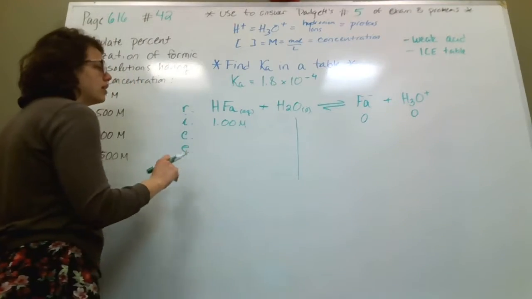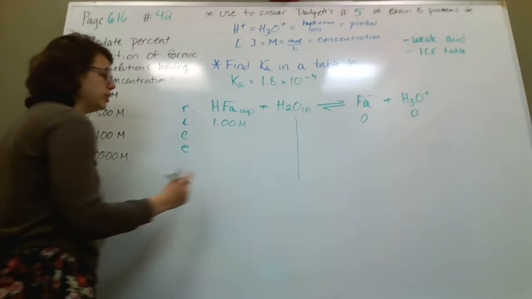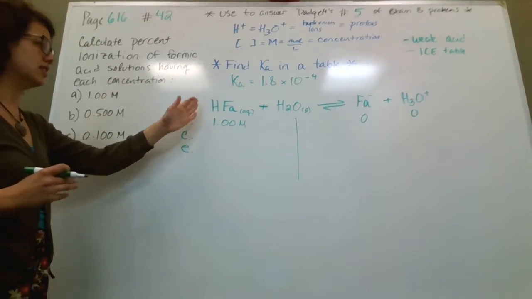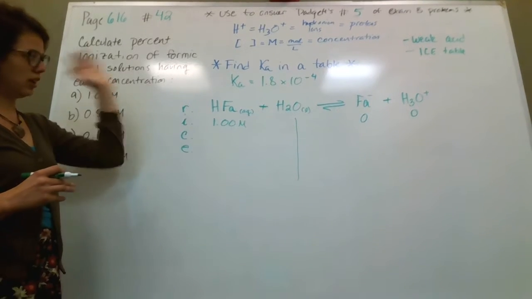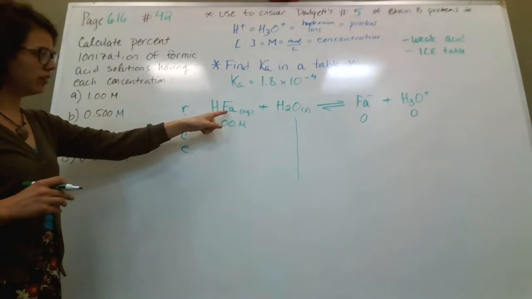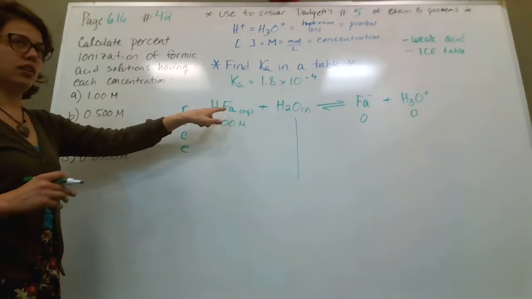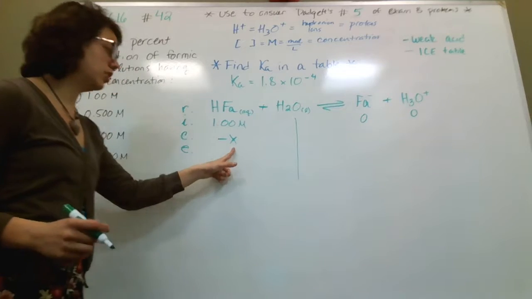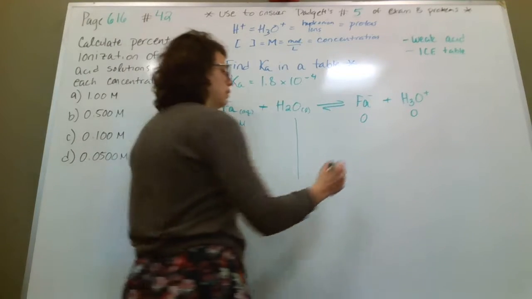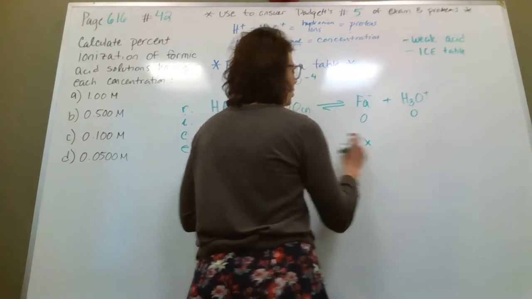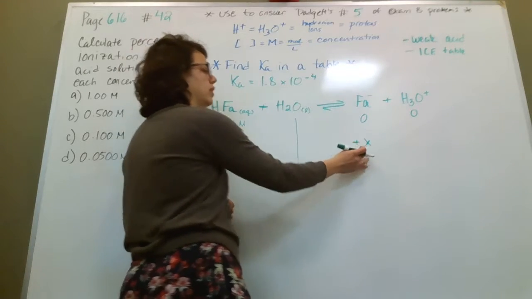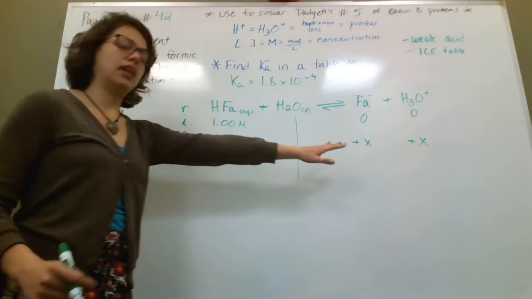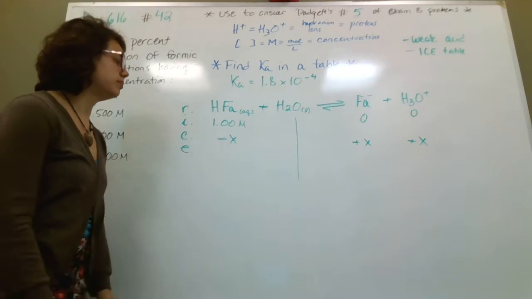We know that some of it will ionize. We don't know how much, but if it does ionize, the H is going to be removed, so we give this a negative sign. We'll note it as X. And the ion is now on the other side, so it's the same X that's being removed that's being added to both sides.